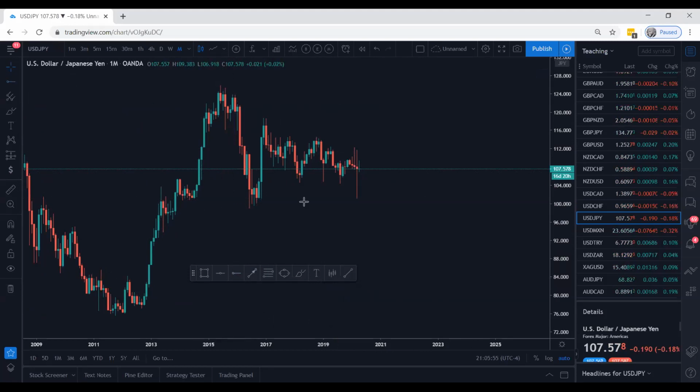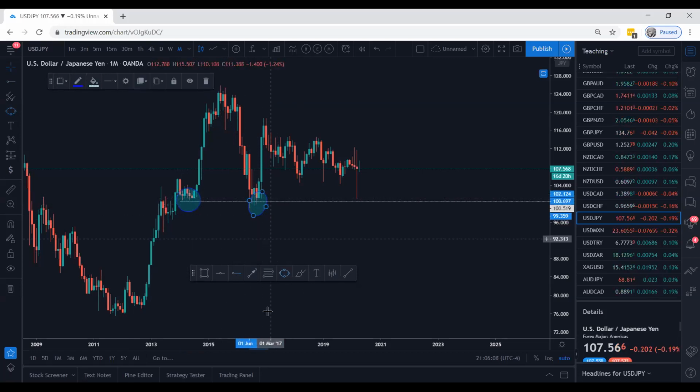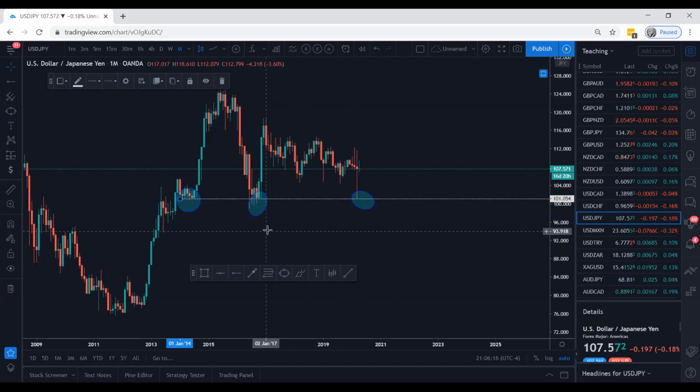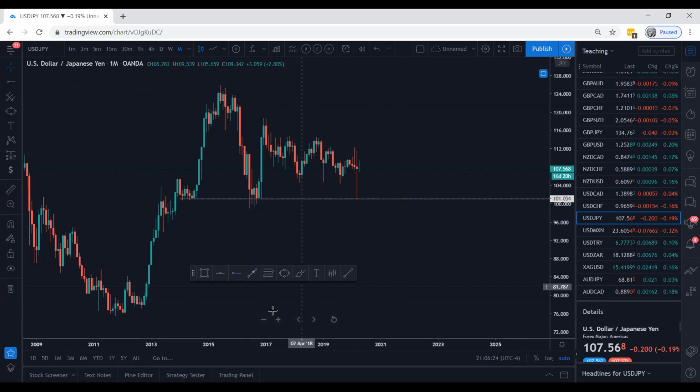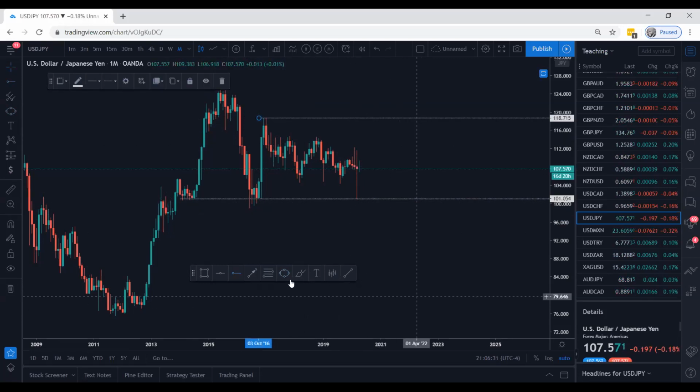So for me, price has come to this area and pretty much rejected off of it multiple times. So even though I'm not including these wicks, I'm including this most recent wick. And I know that when price has come there, those multiple times, it's rejected off of it. So that's where I'm going to put my low. And then my most recent high, I'm going to put here.